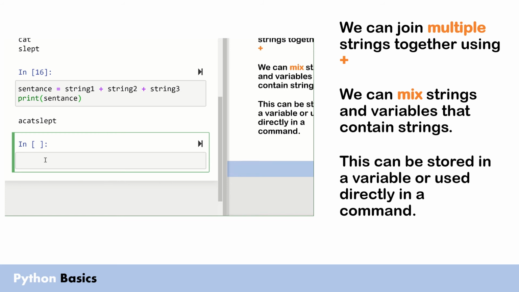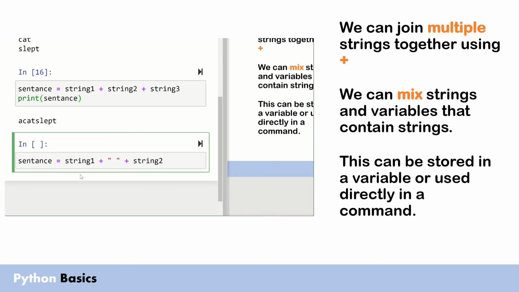So maybe let's look at another way of doing this. So let's go something like this. Sentence equals string 1, and then I want a space. So this time, instead of concatenating string 2 immediately, I'm just going to put a space in there.